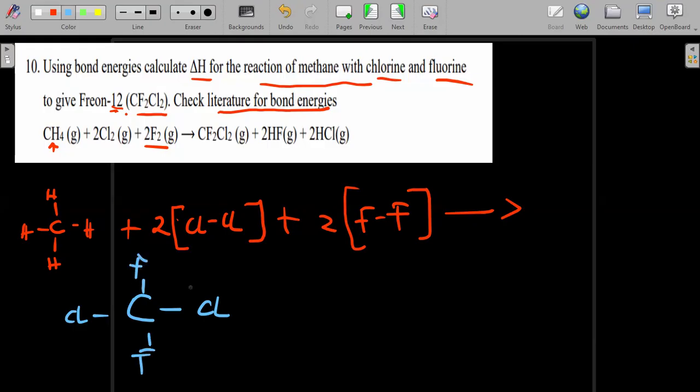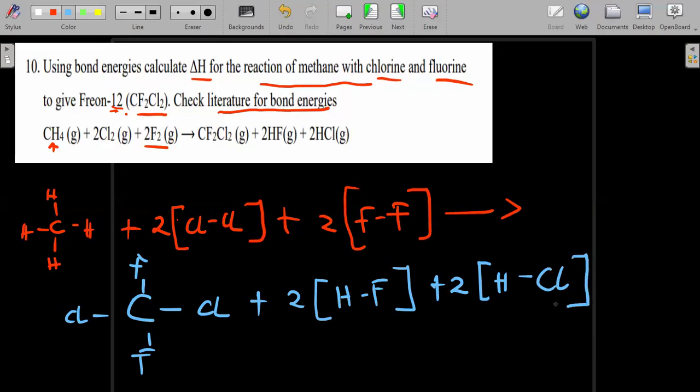So this is freon 12, plus 2, and then in the brackets I have H bonded to F, and then plus 2, and then I have H bonded to Cl. Okay, I have this.